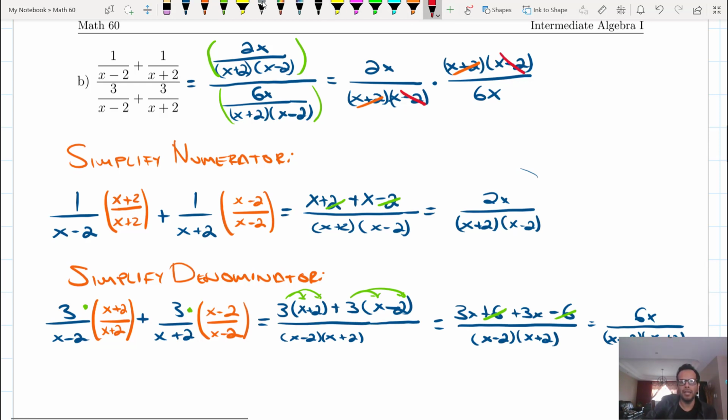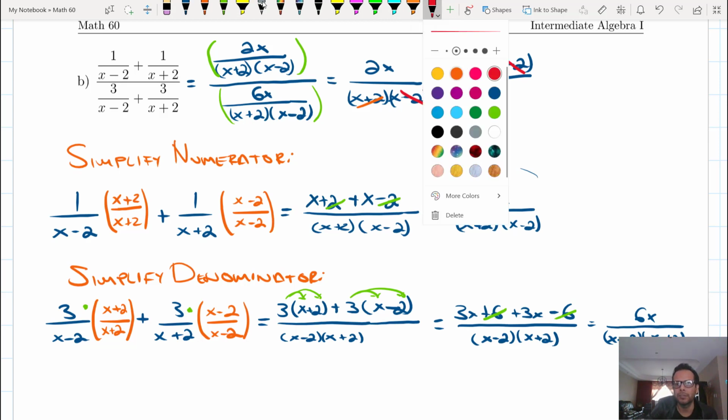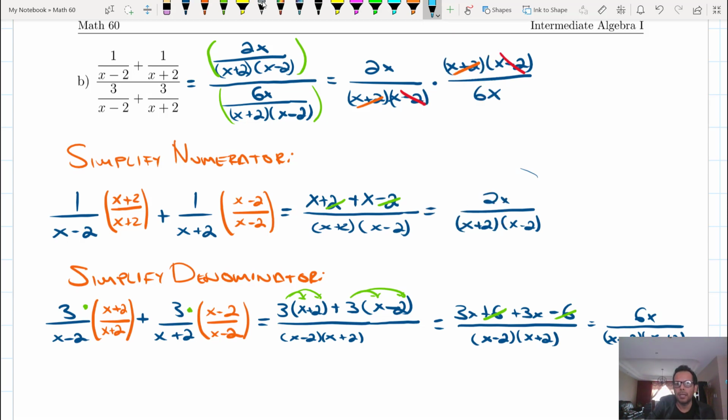And finally, let's use a different color here. Let's use this shade of blue, why not? Cancel this x with this x, leaving us with the quantity 2 over 6.